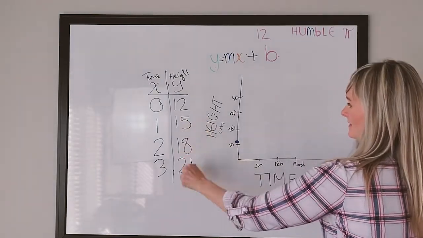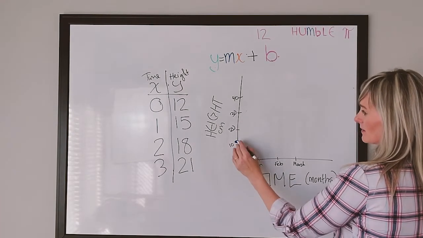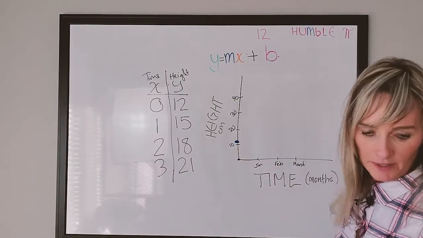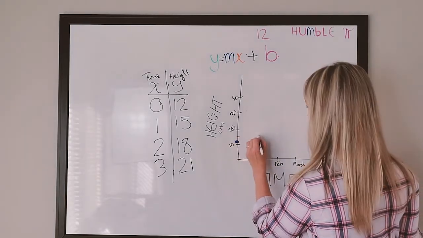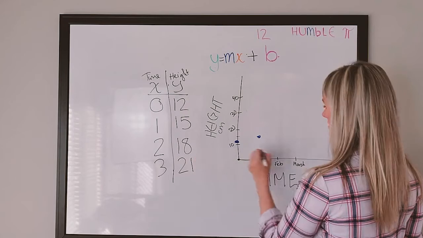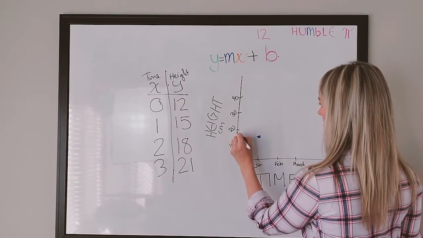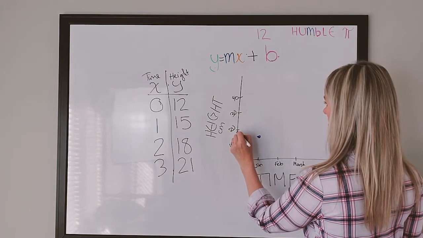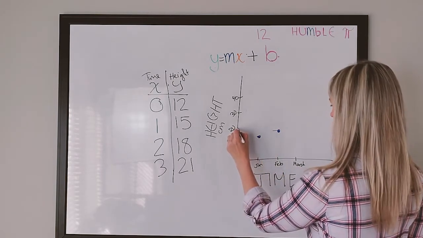Okay. Starting at 12, then our plant is going to continue to grow. So after 1 month, we're at 15, which is right in the middle here. After 2 months, we're at 18, which is just 15, 16, 17, 18, 19, right about there. And then after 3 months, it's going to be 21.